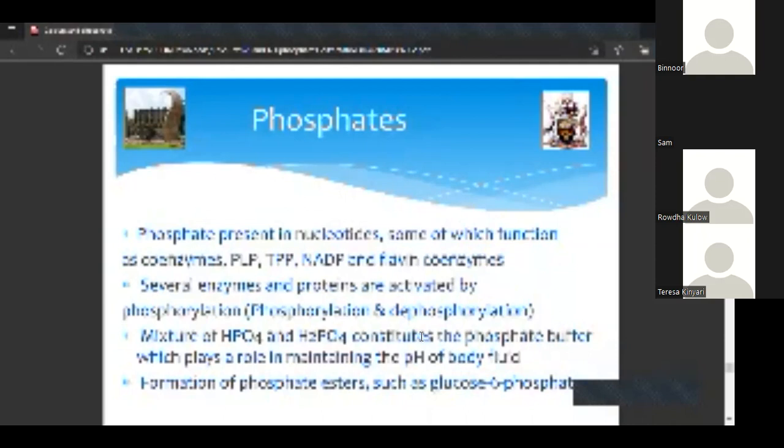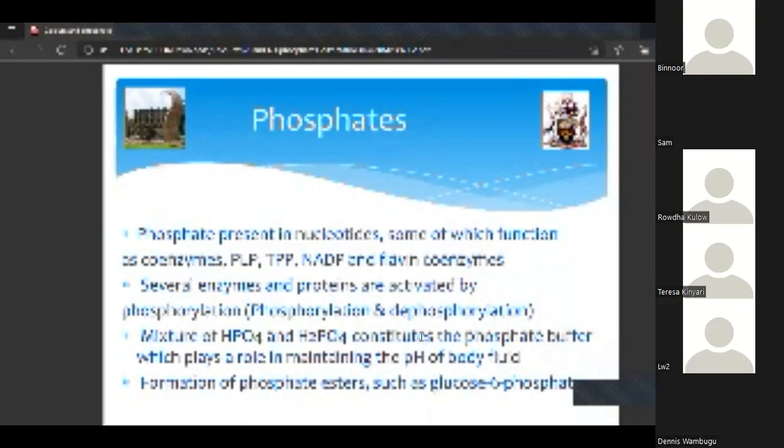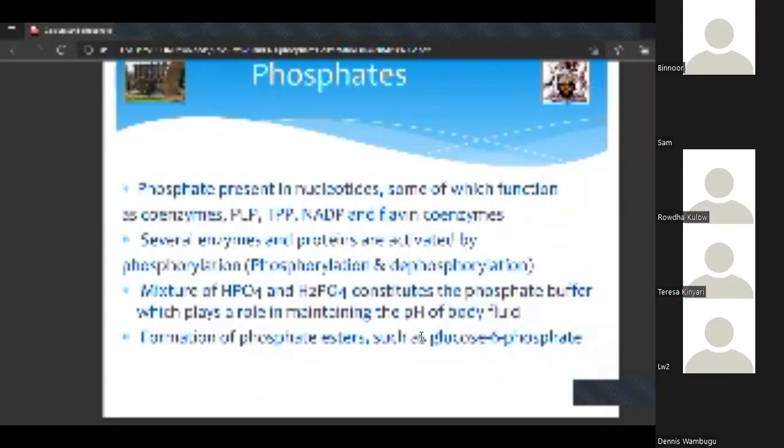No. And now are you seeing? I think they are blurry because I'm using a PDF. Are you able to read the words? No.